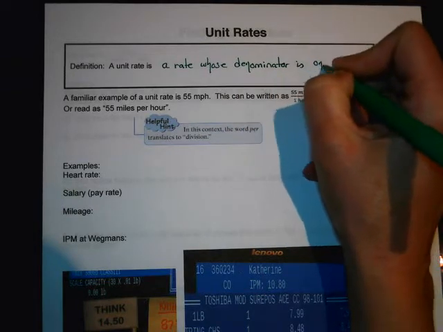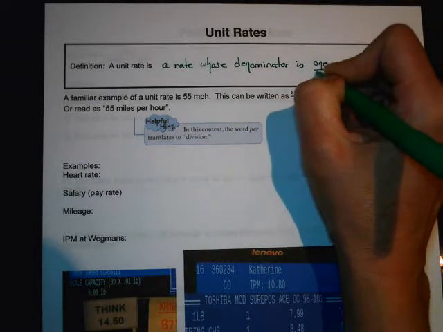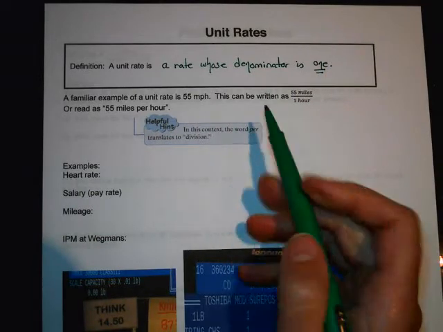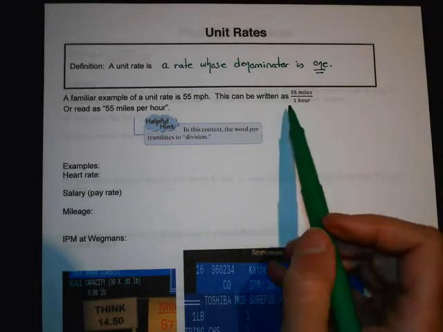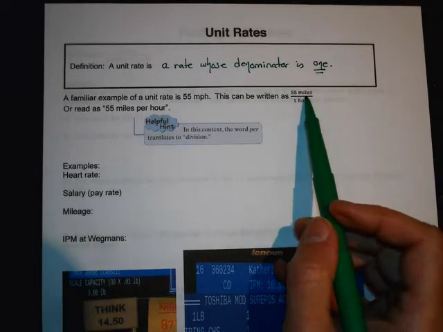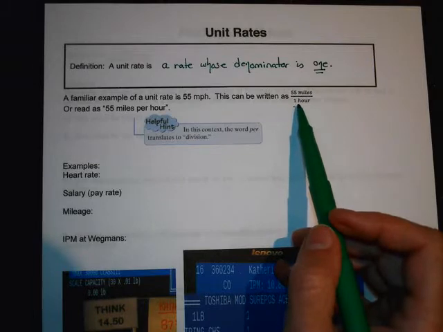So our calculator is really going to come in handy with this. So for example, if I say, hey, how fast are you driving? You would say 55 miles per 1 hour, per hour, right?